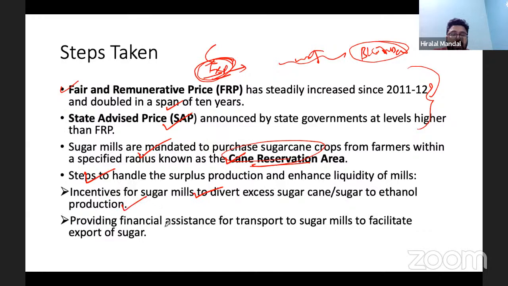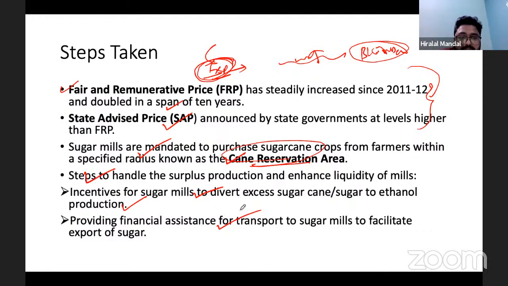That is what is incentivizing them. At the same time, financial assistance is also being provided for transport to sugar mills to facilitate export of sugar. These are the various things that the government of India has done in order to promote sugar production in the country.